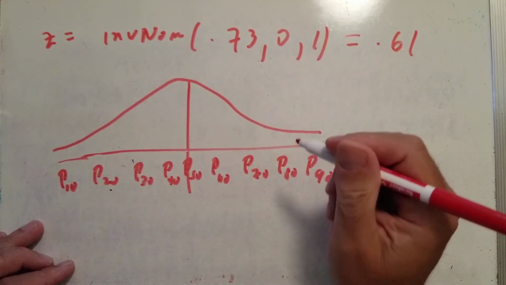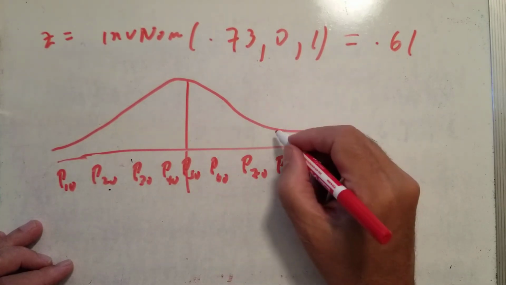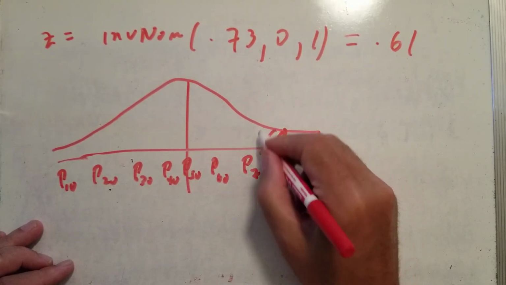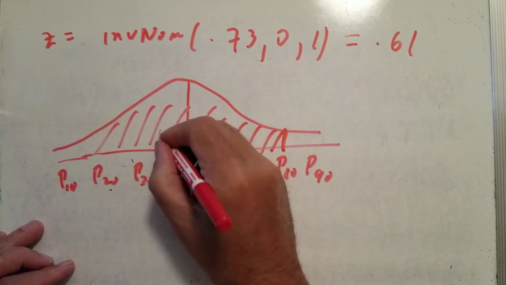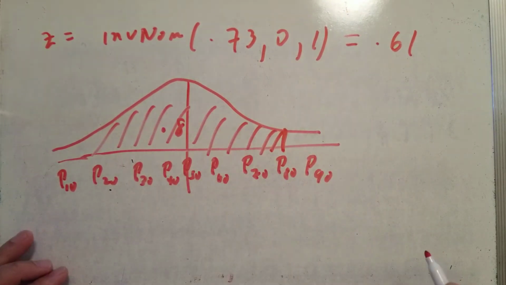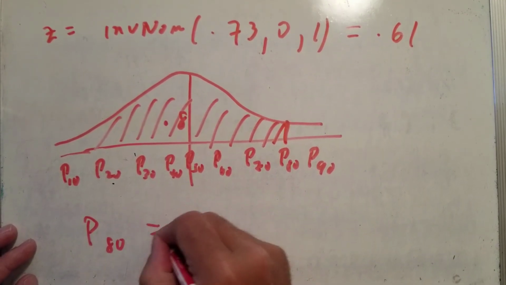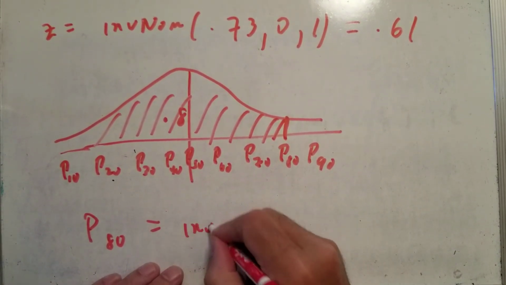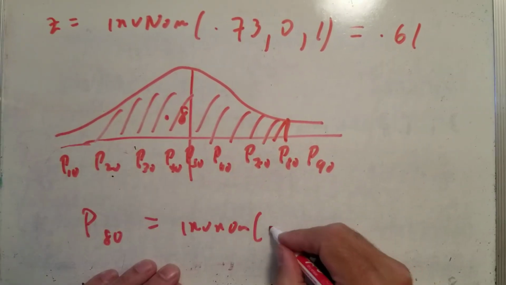So let's say they ask you to find P80. So P80 is the z-score along the x-axis that has an area of 0.8 to its left. So P80 can be calculated as InvNorm. The area to the left is 0.80.